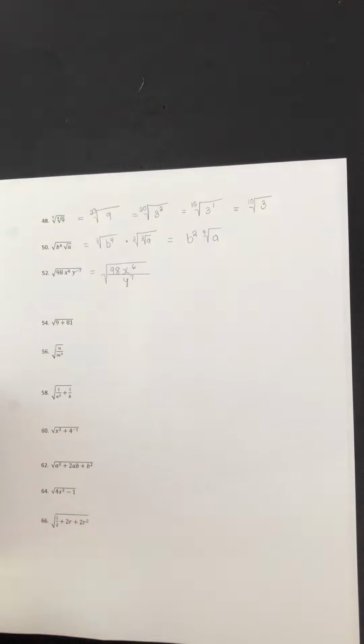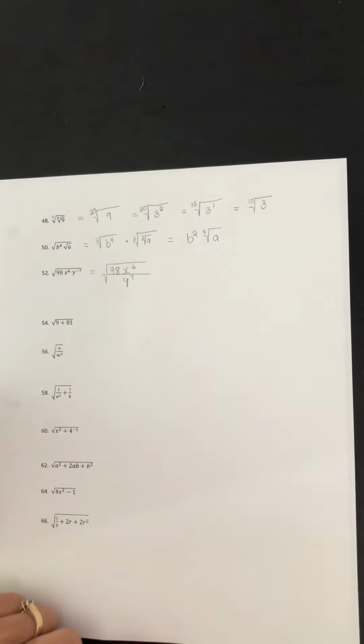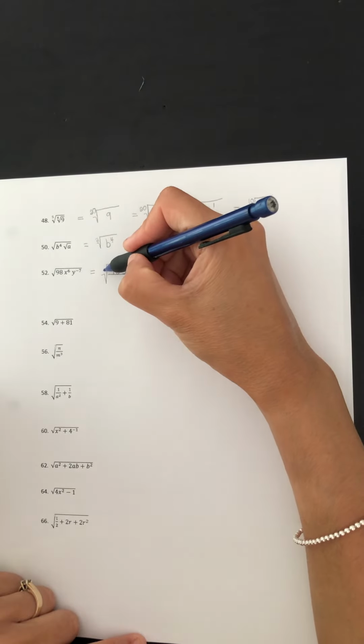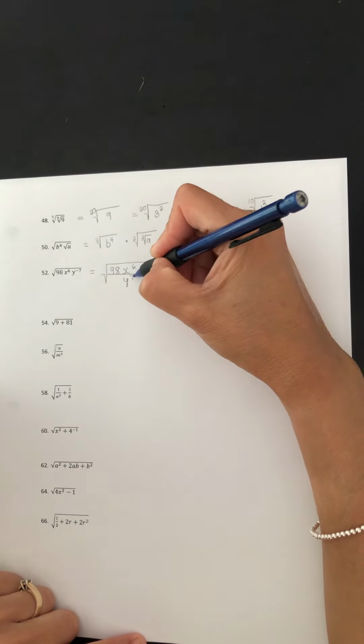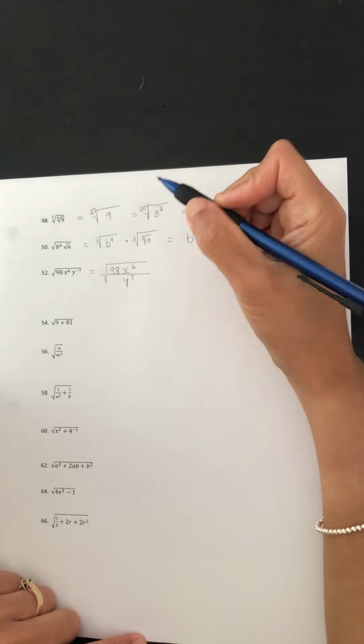Okay, now maybe at this point we can rationalize the denominator. So that's one of the things we have to do. We could also reduce, okay? But maybe I'll start with rationalizing the denominator. So the index is 2. We have a 7 here. So basically we want the next even one.